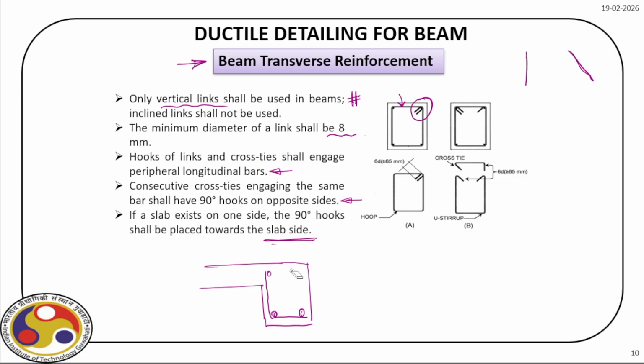The reason is that this is a discontinuous edge, so it is always better to provide it here, where we will get more concrete to anchor it properly, rather than at this corner where we have only the clear cover to deal with the anchorage of these bars, right? So in that situation, we'll provide these hooks here.